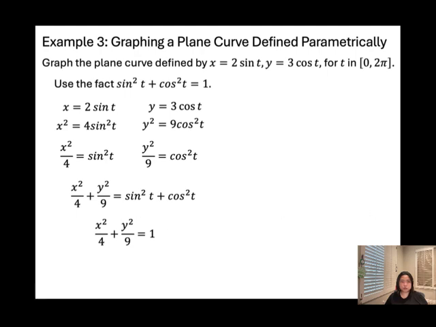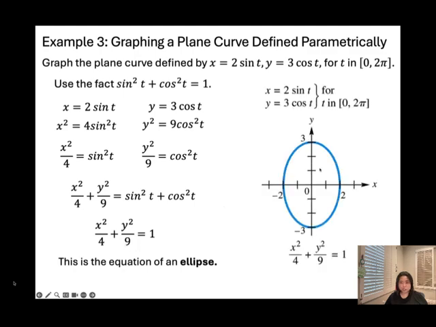That will be the equation of an ellipse. If you remember that you learned it from algebra, the general formula for the ellipse will be x squared over a squared plus y squared over b squared. And then a will be equal to 2, b will be equal to 3. Okay, a equal to 2, b equal to 3.